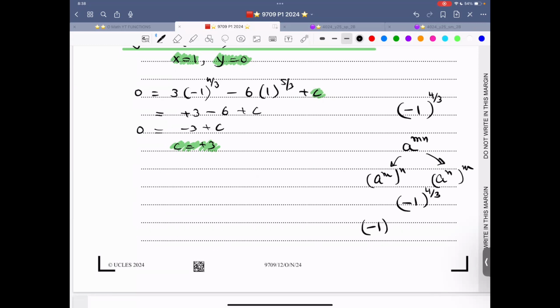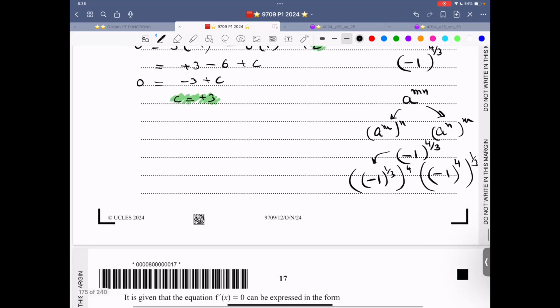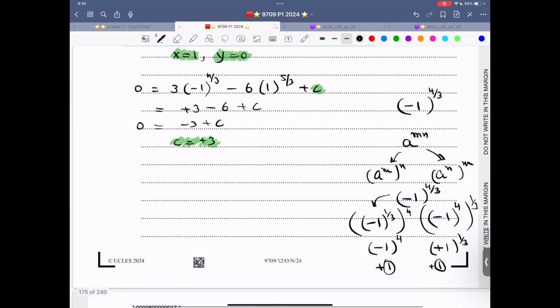That is (minus 1 to the power of 1/3) raised to the power of 4, or (minus 1 to the power of 4) raised to the power of 1/3. The cube root of negative 1 is negative 1. Negative 1 raised to an even power becomes positive. The fourth power of negative 1 is positive 1. The cube root of positive 1 is positive 1. That is how you get this answer.